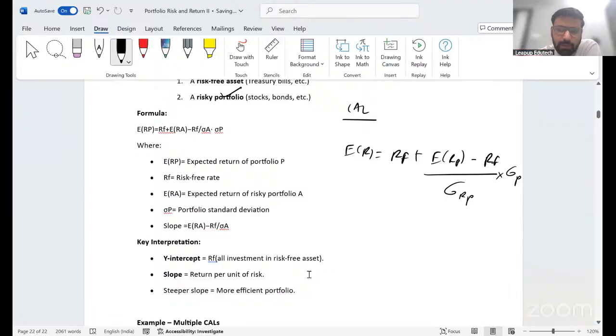I hope you are able to differentiate very well between the standard deviation of a risky portfolio and the standard deviation of the whole portfolio.